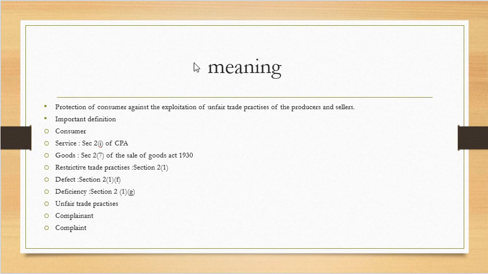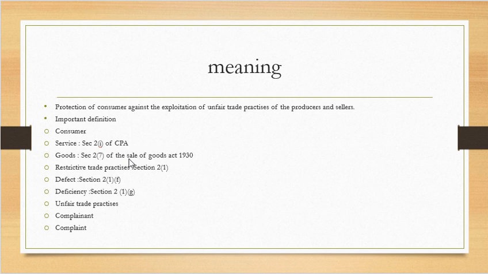Restrictive trade practices as per clause (nn) means any trade practice which requires a consumer to buy, hire, or avail of any goods or, as the case may be, services as a condition precedent for buying, hiring, or availing of other goods or services. So it's basically a condition which a consumer is required to fulfill in order to buy or avail the goods or services.